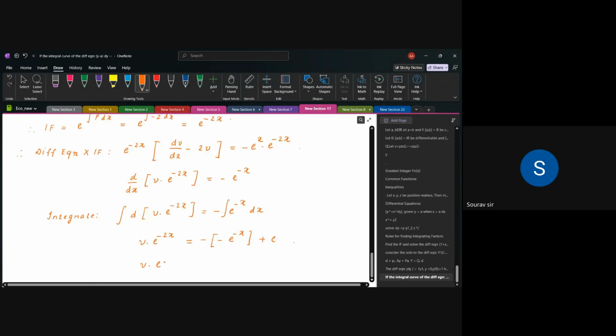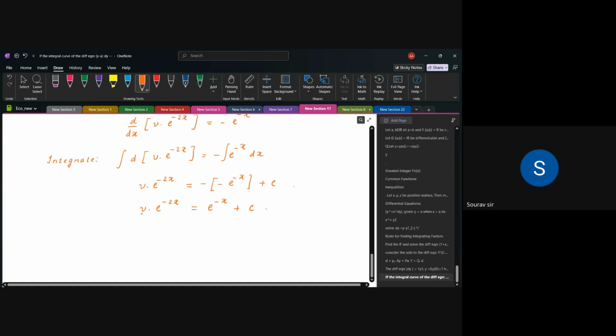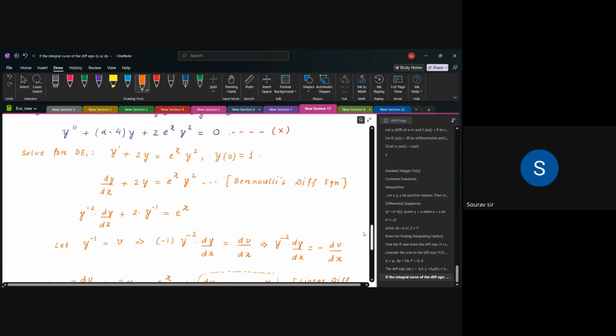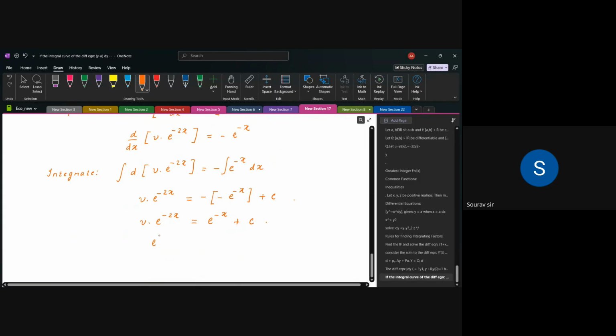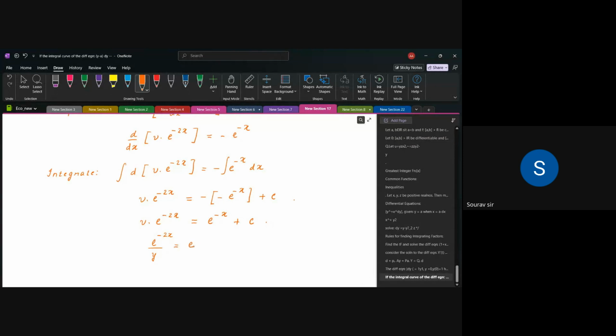And what was my v? V was y inverse or simply 1 by y. So e raised to the power minus 2x divided by y is equal to e raised to the power minus x plus c.